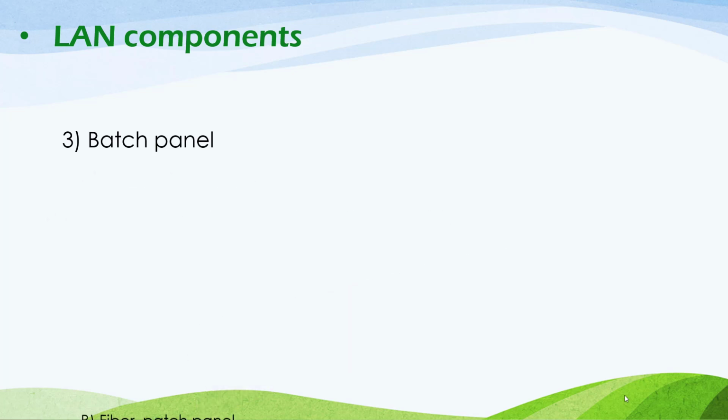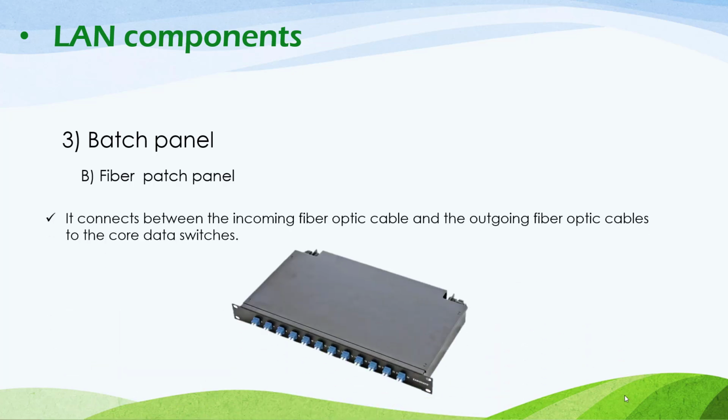Also, the second type of patch panel we have is the fiber optic patch panel, and it's used as an intermediate between the fiber optic main cable that is coming from the internet service provider and the outgoing fiber optic cable that is connected to the main switch or the core switch in the network.